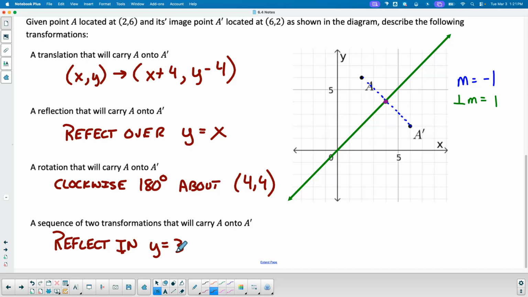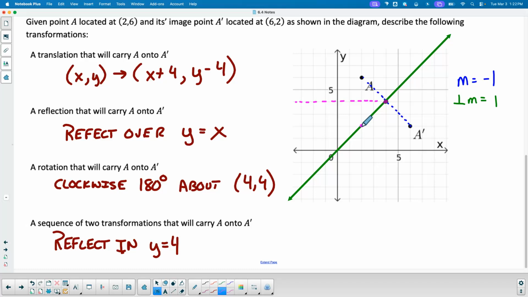If I reflect that point in y equals 3, here's the line y equals 3. Nope, I lied. Y equals 4. My counting was off. There's the line y equals 4, so if I reflect it, then that's going to move it to right there. That's my first one. Okay?